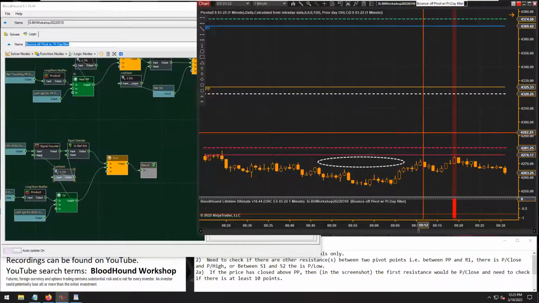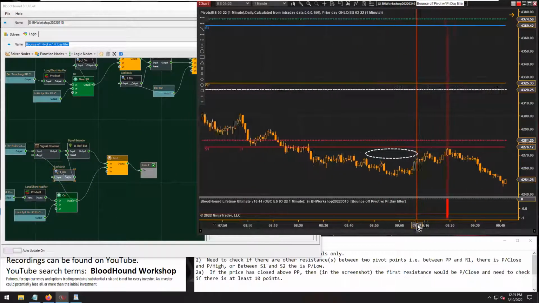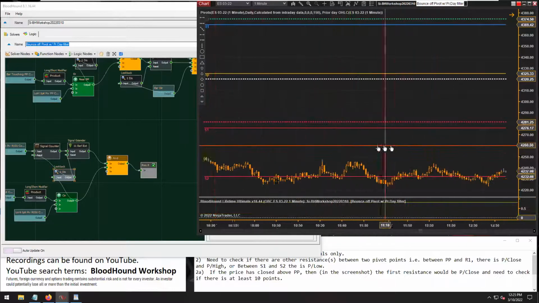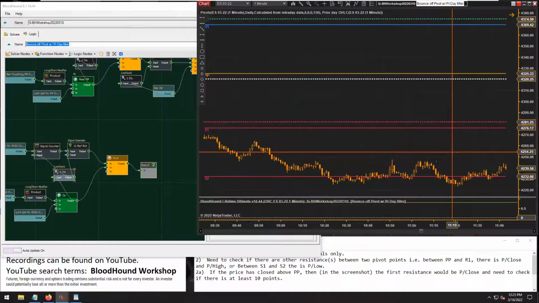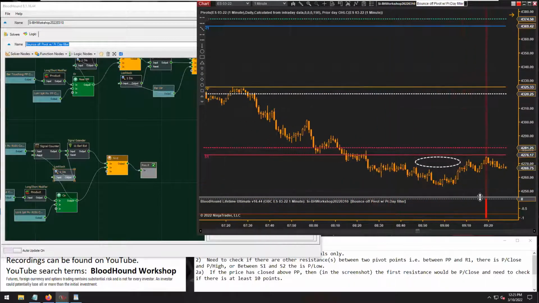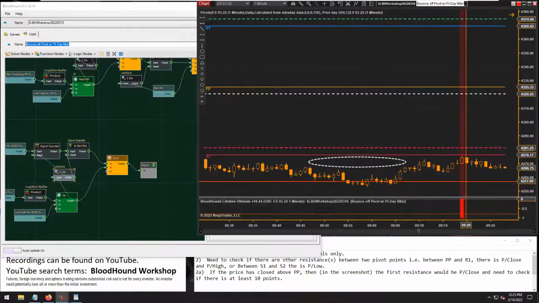All right, so there's our touch signal. Let's see, looks like we don't get any more touches of S1. So we need to put in that last part there because the signal is on an up bar. So we want the signal on a down bar.